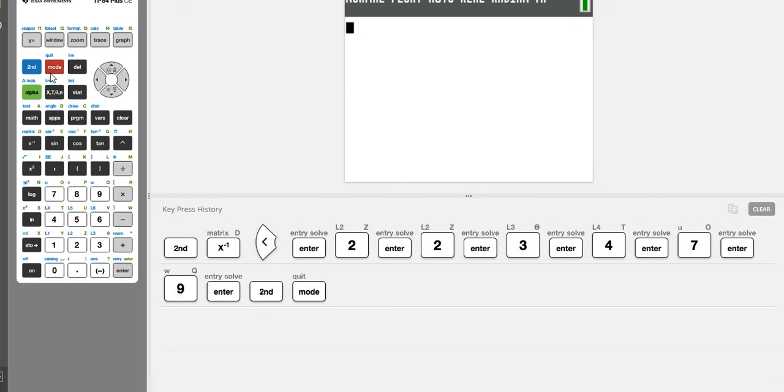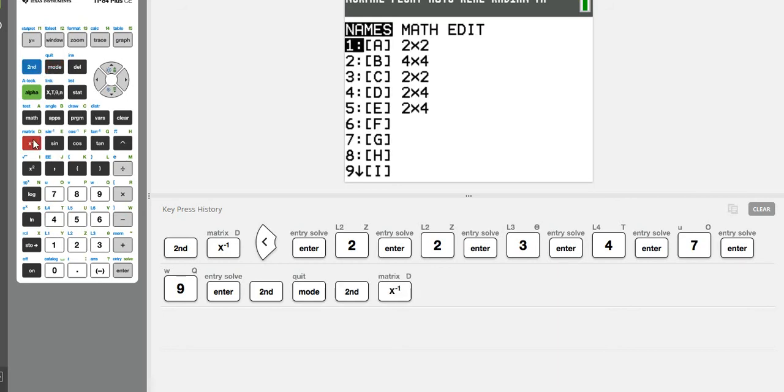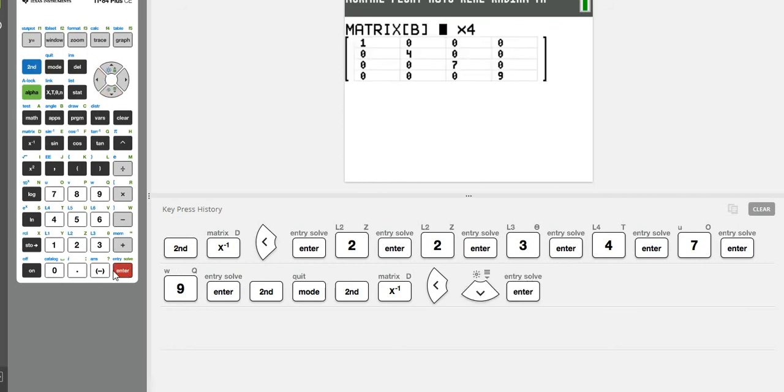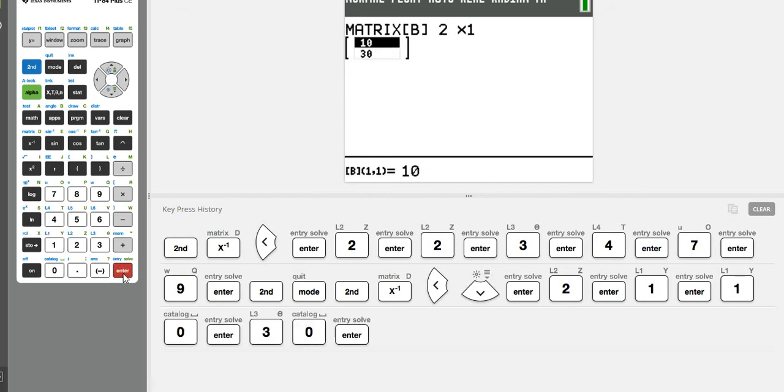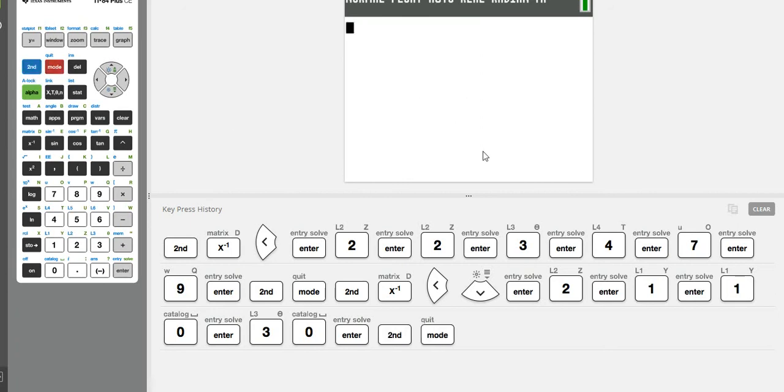The numbers in that matrix are 3, 4, 7, and 9. Let's also enter matrix B. So go over to Edit, go down to matrix B. That's going to be a 2 by 1 matrix, 2 rows, 1 column, 10, and then 30. When you're done there, exit. So second and then quit.